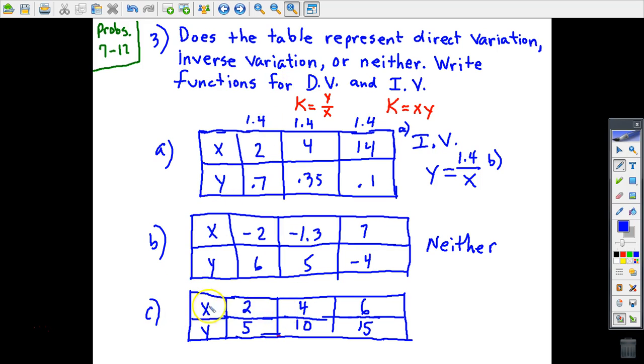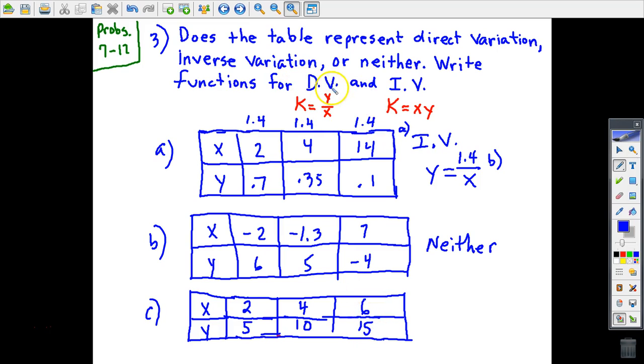Okay, well, let's try letter C. Let's start with division, y over x. Always do y over x. It's 5 over 2. Moving to the next ordered pair, I get 10 over 4, which reduces to 5 over 2. And then over here, 15 over 6 also reduces to 5 over 2.